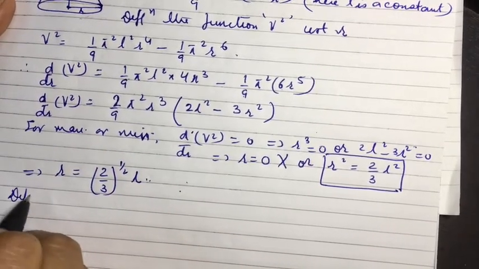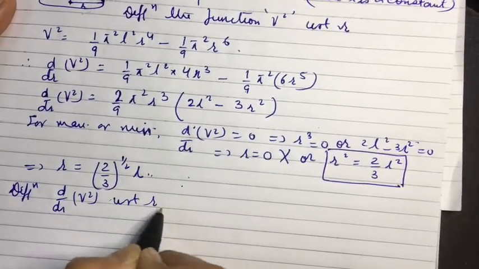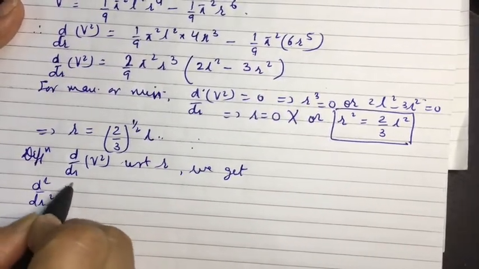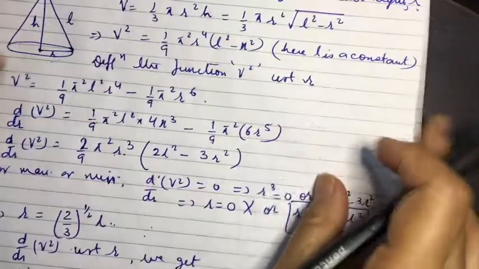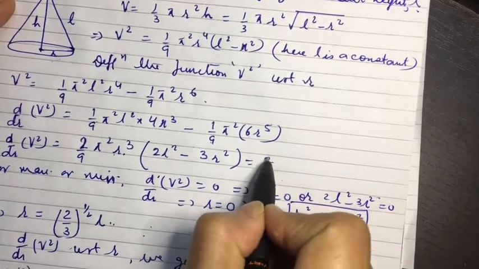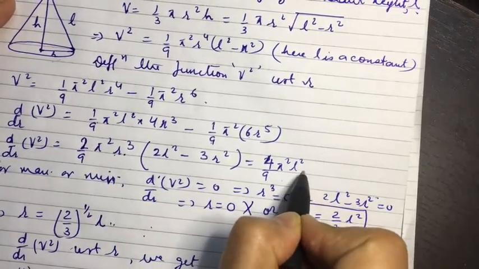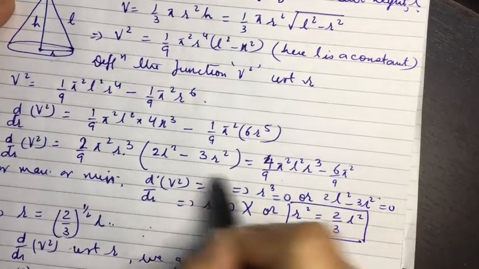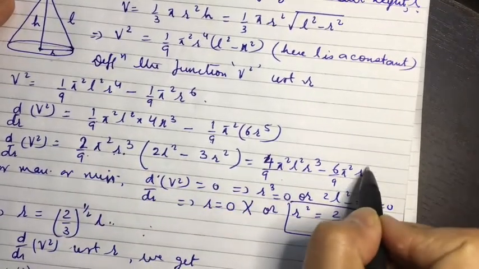So differentiate d by dr of V square with respect to r, we get d2 over dr2 of V square is equal to. Now we can first write this as, you just open it up, 4 by 9 pi square L square r cube minus 6 by 9 pi square r raised to the power of 5.